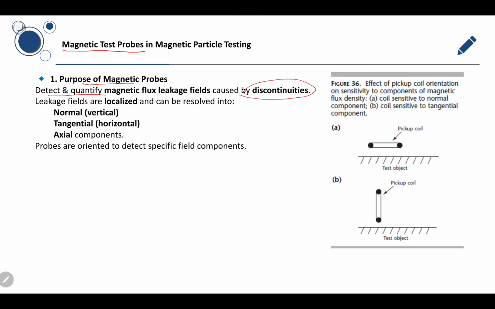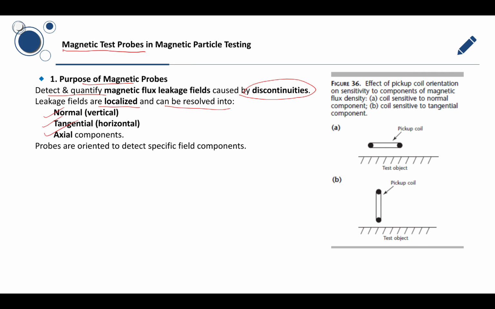These leakage fields are localized around the flaw and can be resolved into three components. First one is normal, tangential, axial components. Probes are specifically oriented to detect specific field components.